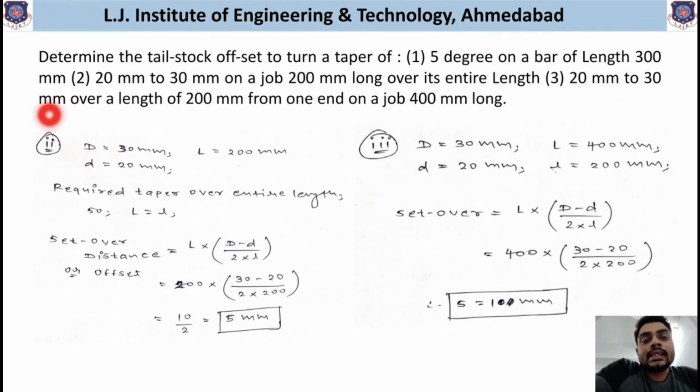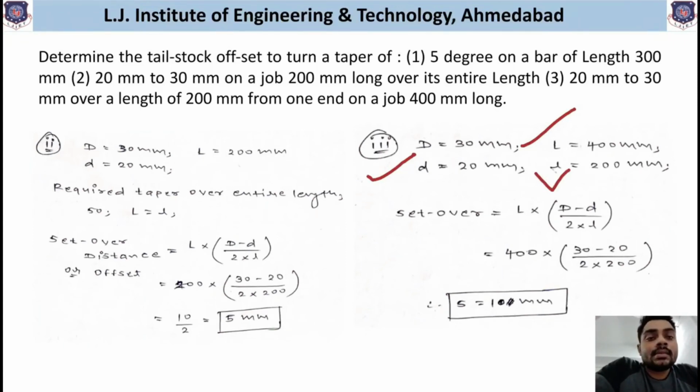So all the details are given that you can see over here. Capital D, small d, capital L, small l, where capital L is the entire length of the workpiece, and small l is the taper required on the given length.